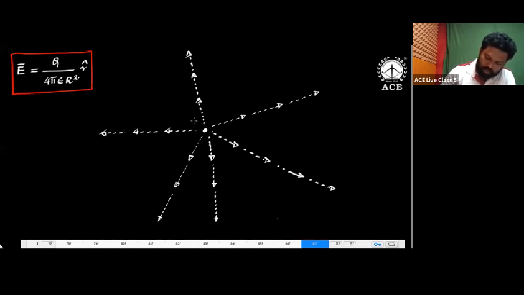Here is a charge Q, beta. The electric field is radially outwards if it is positively charged. If it is negatively charged, it is radially inwards, beta.